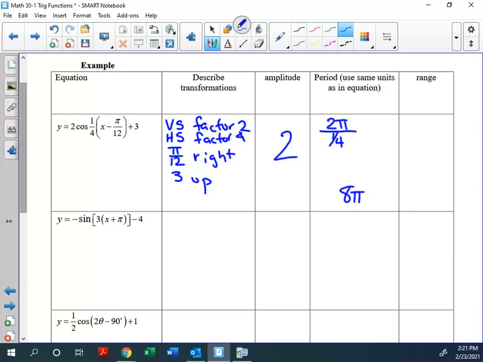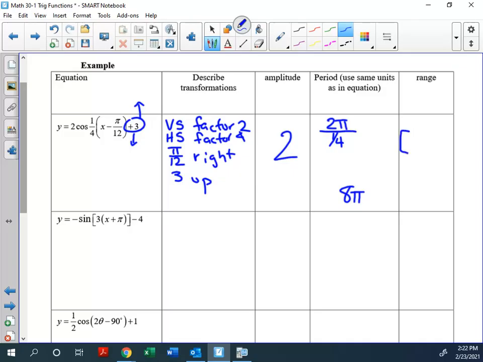So the range. So I need to think. I started with a center at 0, and I moved 3 up, and then I had an amplitude of 2 up and 2 down. So I like to think that this is my center, and I went up 2 and down 2 from it. So I just look at that D value for where that center line is.